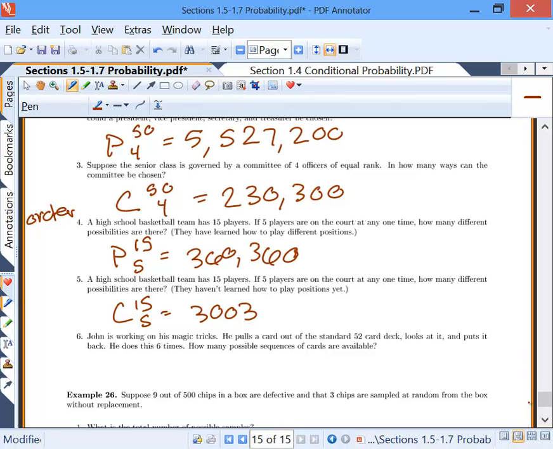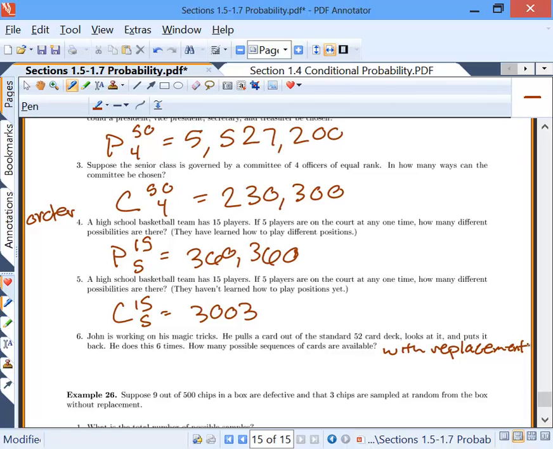Go back and look at the qualifications for the permutation up above. Is there anything that is not satisfied with this problem? For a permutation, it has to be without replacement. What do we have here? This is with replacement, so it's not a combination or permutation. You'll have to pay attention to that.